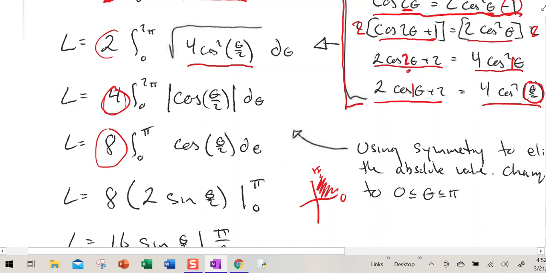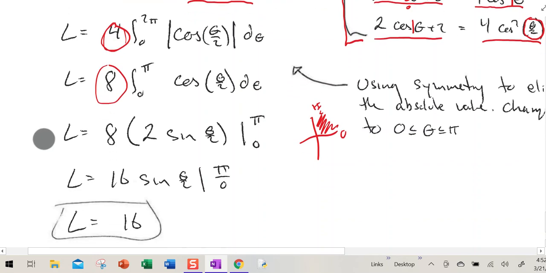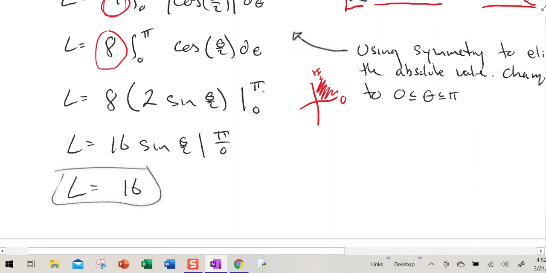All right, so finally we can get to something that we can integrate. The integral of cosine is sine of 1/2 theta divided by 1/2, or times the 2. So we get the 2 out here. 2 times 8 is 16. So the arc length is 16 times the sine of theta divided by 2, and we are evaluating that from 0 to pi.